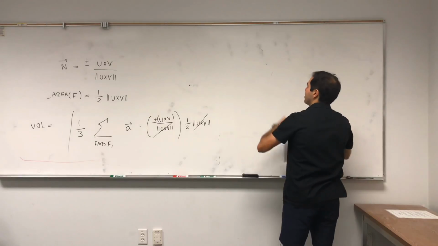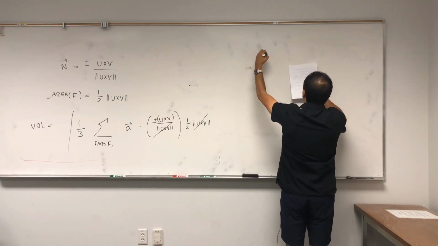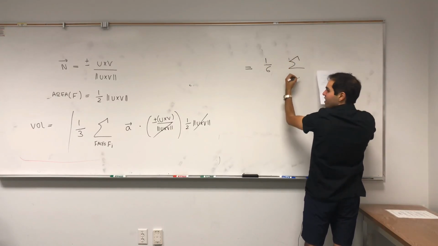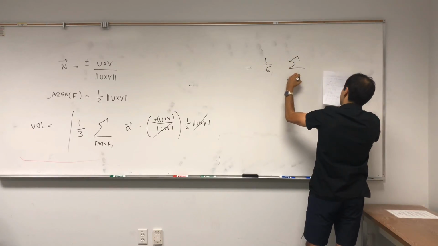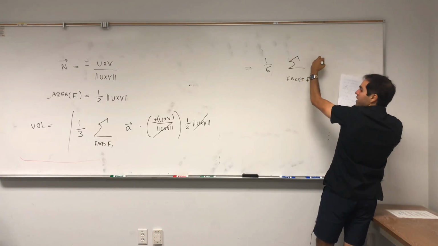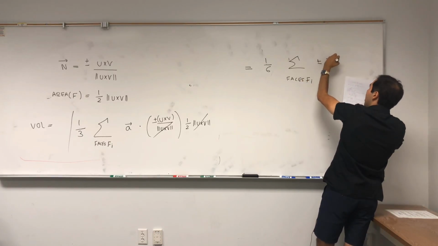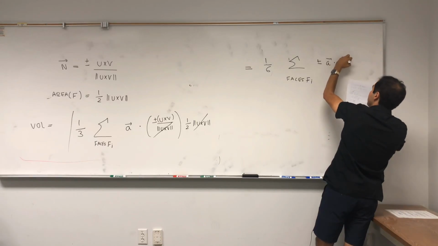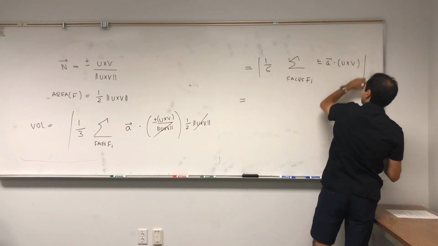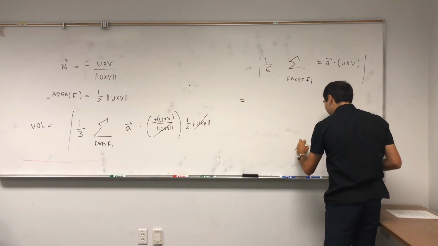So it becomes 1/6 times the sum over all faces Fi of plus or minus A dotted with u cross v. Okay, absolute values. And again, let me redraw my triangle.